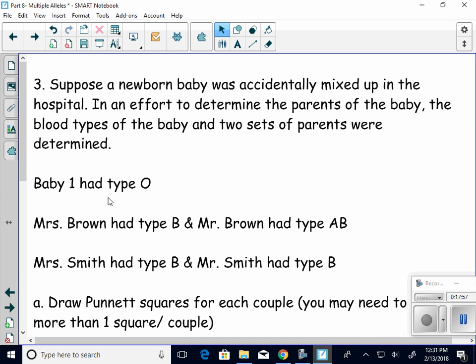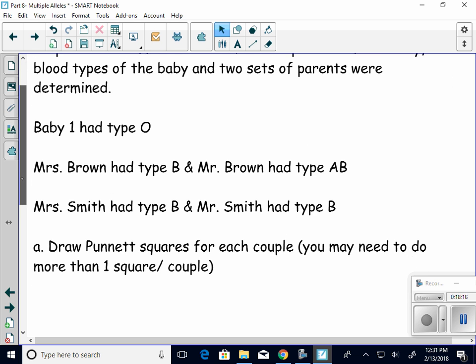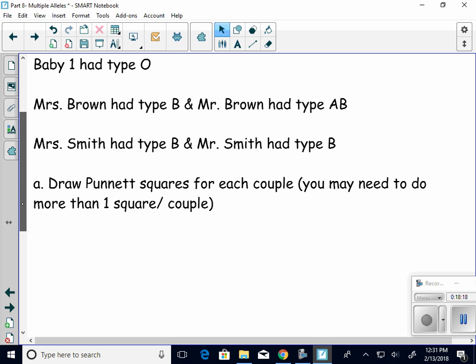Well, it says Mrs. Brown has type B, Mr. Brown has type AB. Mrs. Smith has type B, Mr. Smith has type B. Draw a Punnett square for each couple.